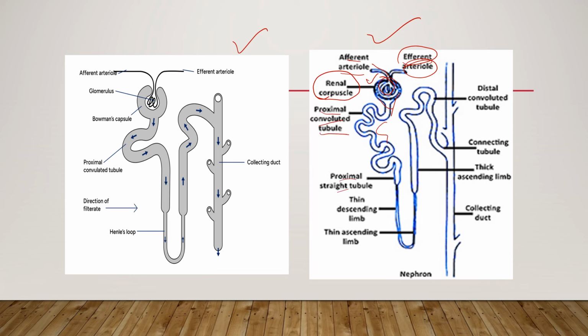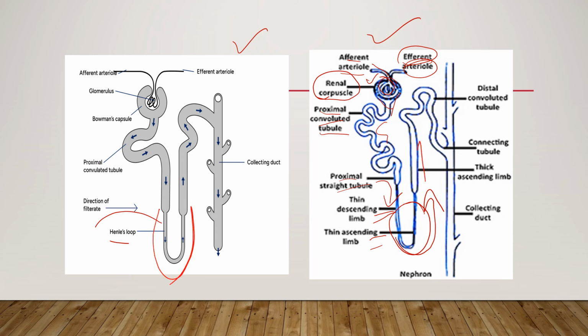So the proximal straight tubule goes down and forms the descending limb, and then the thin ascending limb. The descending and ascending limbs together form the loop of Henle.